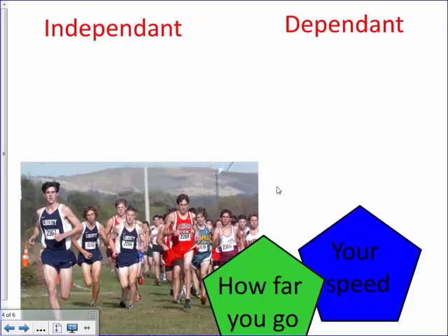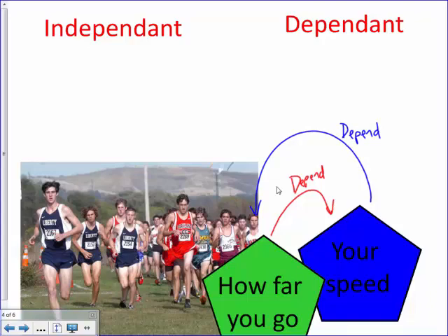So let's just think of this. If you're running and we're looking at how far you go with your speed, which is the independent and which is the dependent? Well, I always just think, does how far you go depend on your speed, or does your speed depend on how far you go? Which makes more sense?